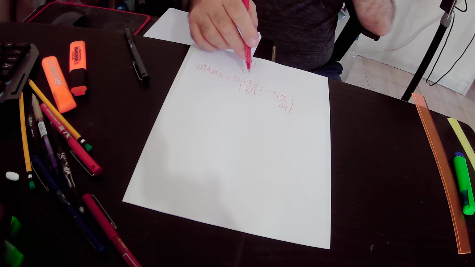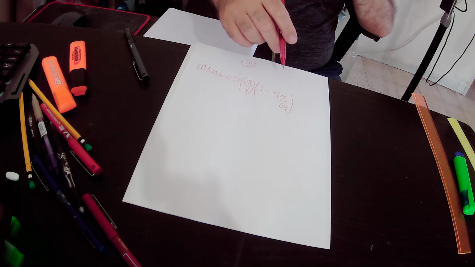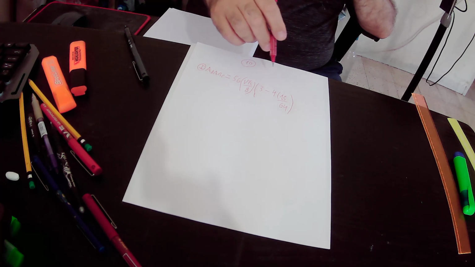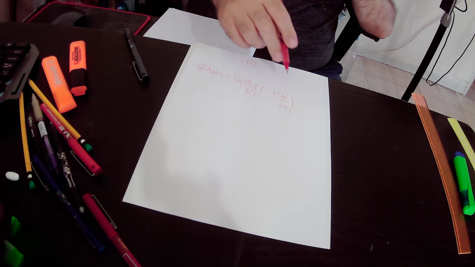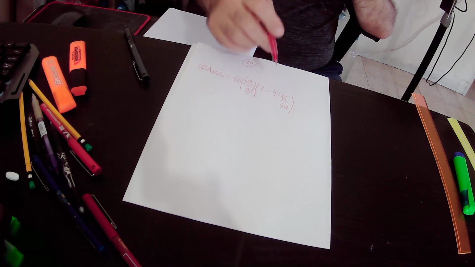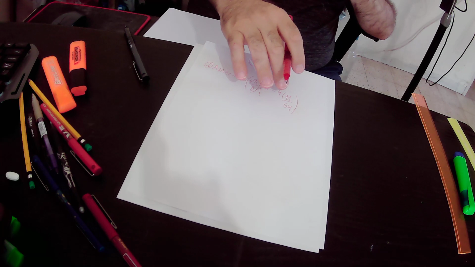Here 56 over 8 is 7, and here we can divide 64 by 4 and cancel the 4, and 64 by 4 is 16. So we divided this expression by 4.